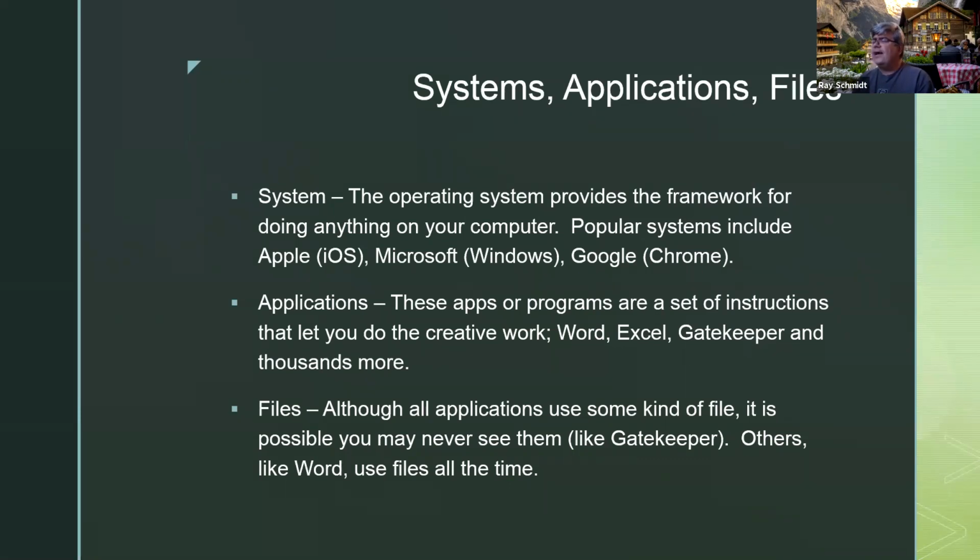Finally, there's files, and not every application has user modified files. Gatekeeper is a good example. There aren't a lot of files that you're going to see coming that you have to manipulate in Gatekeeper, but there's a ton of them behind the scenes. Other things like Word, it's all about creating files.